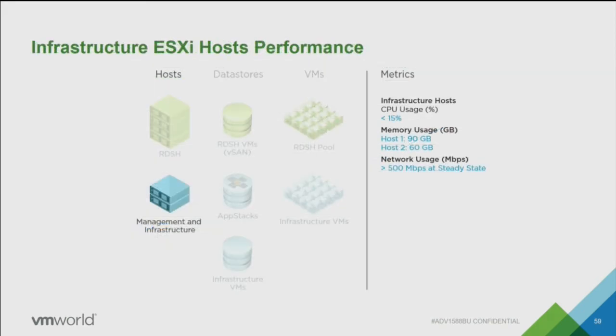For the infrastructure ESX host, that is a lot less. Comparably, it's around 15% at peak to run those per server. So not bad there. We have them separated as a best practice. There are some situations where that's different.